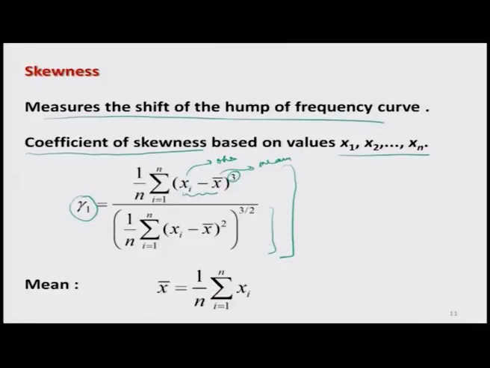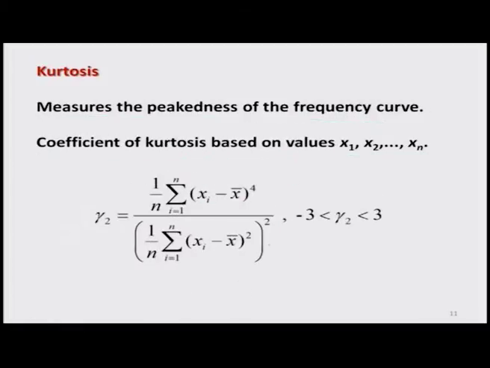So, actually this quantity gives us an idea whether the hump is on the left hand side or right hand side. How? That we will try to see. But before that, similar to coefficient of skewness, we have the coefficient of kurtosis also. This coefficient of kurtosis measures the peakedness of the frequency curve, right.